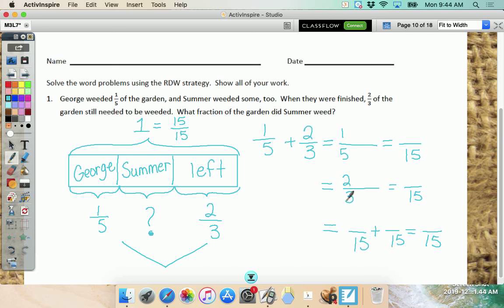Jaylee, what should I take 1/5 times? And Lila, what should I take 2/3 times?